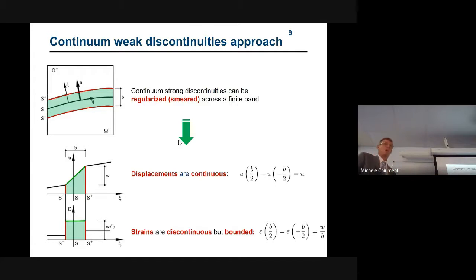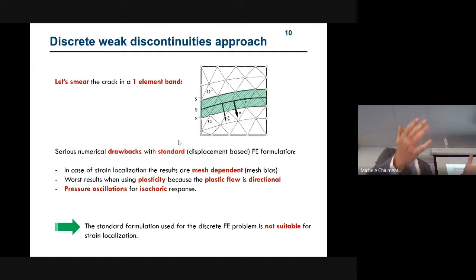Okay? Now you can say, okay, but what is the size of this band? You want it the smallest, because the actual solution is a jump. Well, in finite elements, if you have a discretization, the smallest size of this band is one element through. So if you have a fine mesh, you have a fine band.